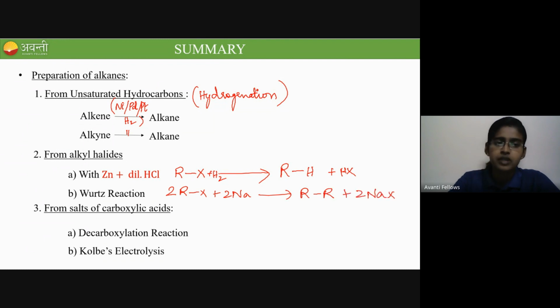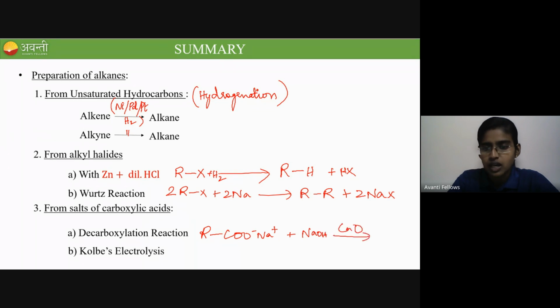Now coming to the third preparation, one is decarboxylation. Here the RCOONa salt was used with the soda lime mixture, which is NaOH and CaO, and Na2CO3 is one of the byproducts, and the main product is RH.